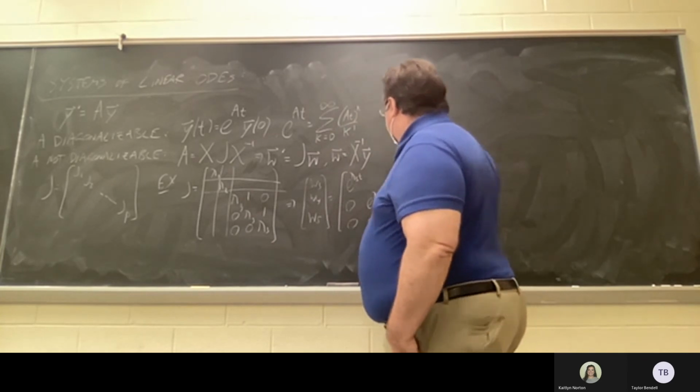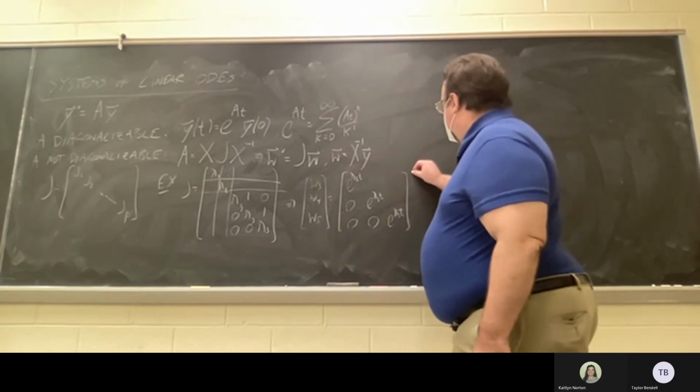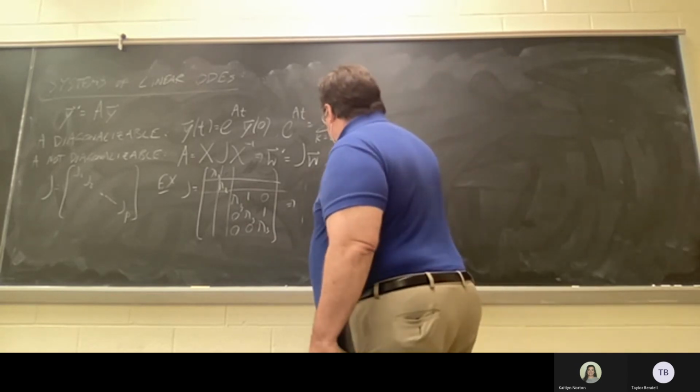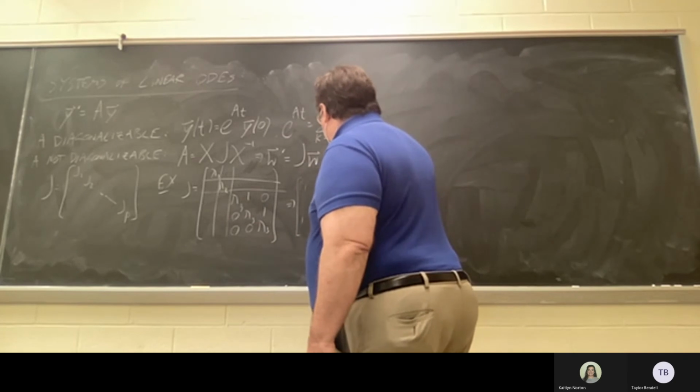But you have additional terms. Okay, so I should say this is W3, W4, W5 of t.